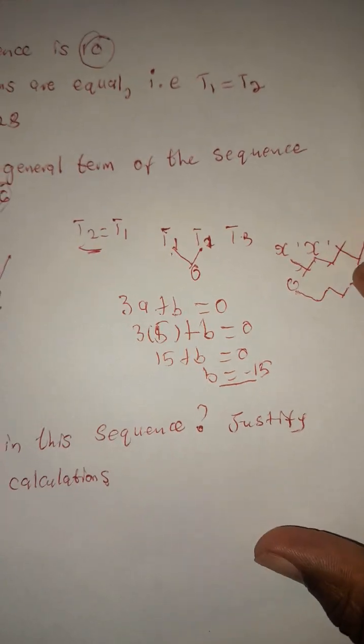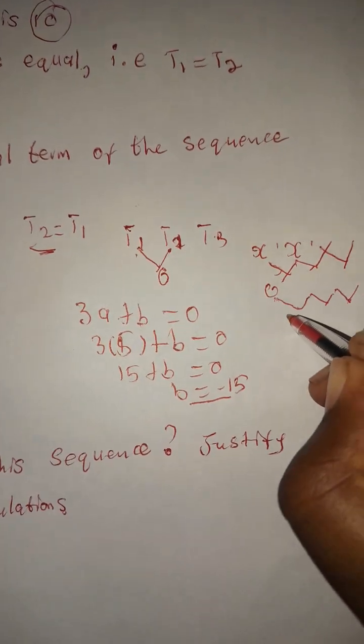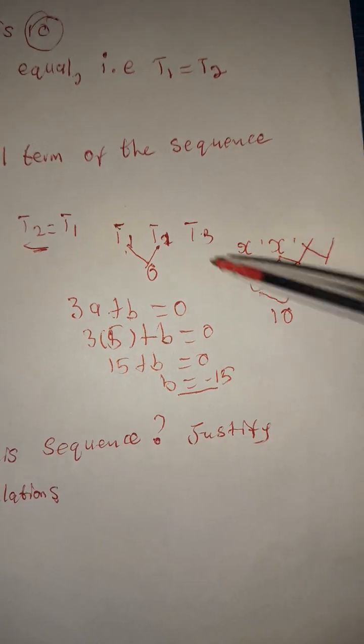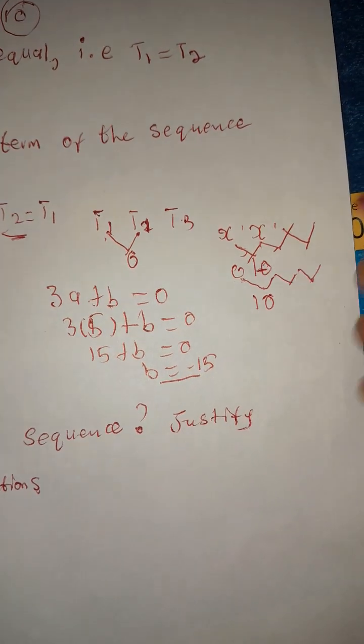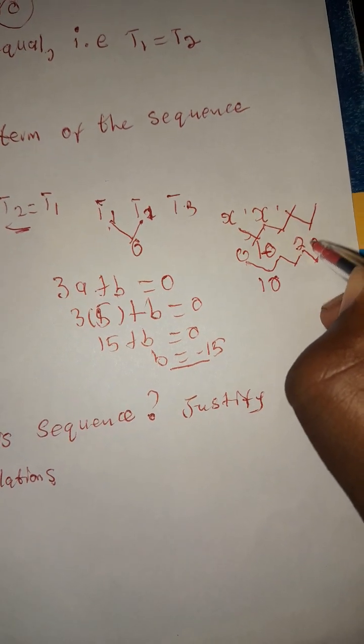We don't know the terms, but we know there's a second difference. To get the consecutive term, you add 0 plus 10, that will be 10. Then 10 plus 10, that will be 20.